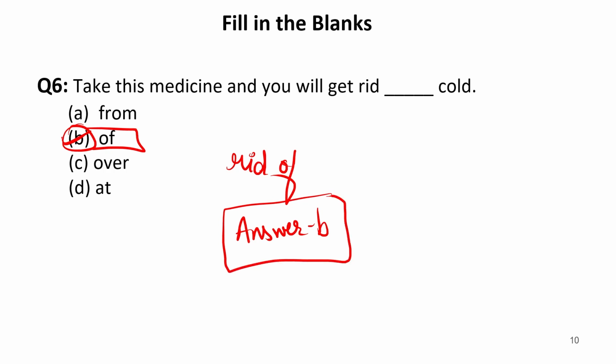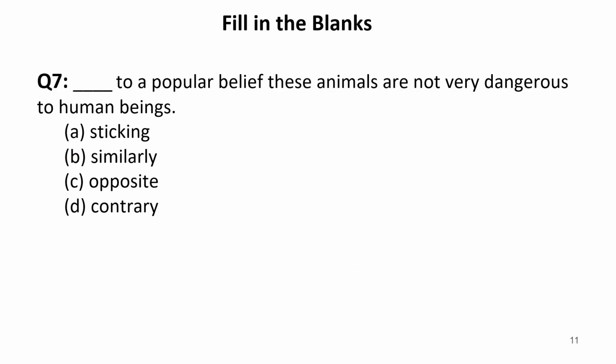Now let us move to the next sentence. Dash to a popular belief, these animals are not very dangerous to human beings. To a popular belief. Now this is somewhat like a phrase. We write contrary to a popular belief.